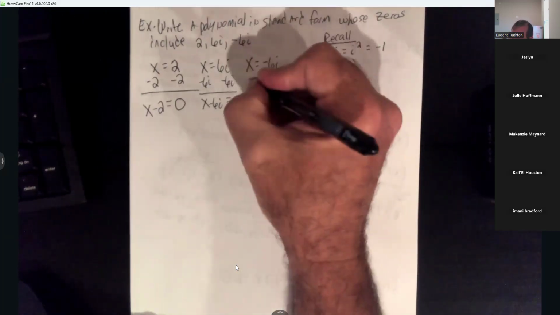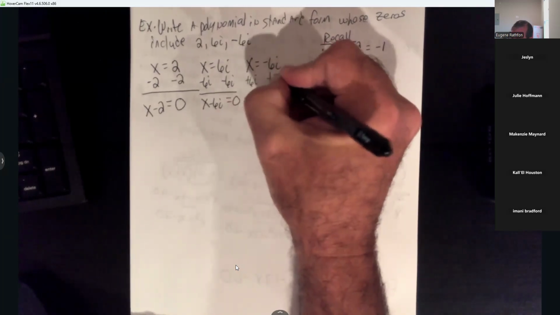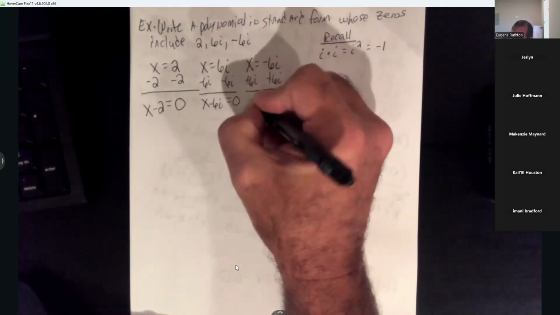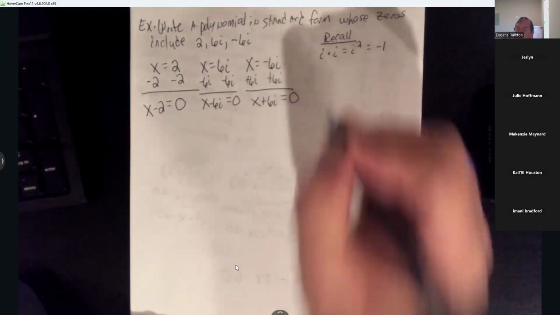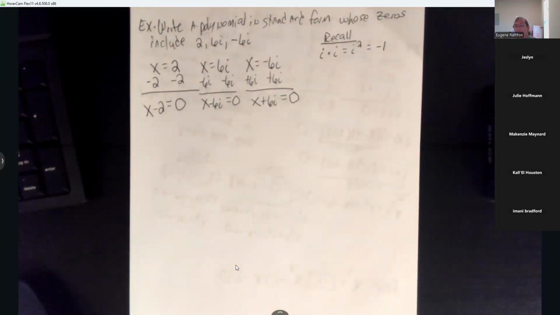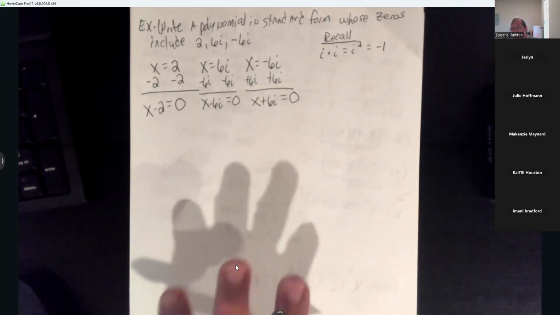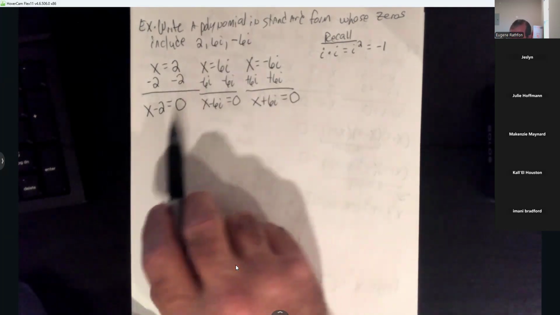And then here you're going to add 6i, and I get x plus 6i equals 0. So I'm doing them the same as I did the real numbers, but I'm going to be a little more picky on this one, okay?